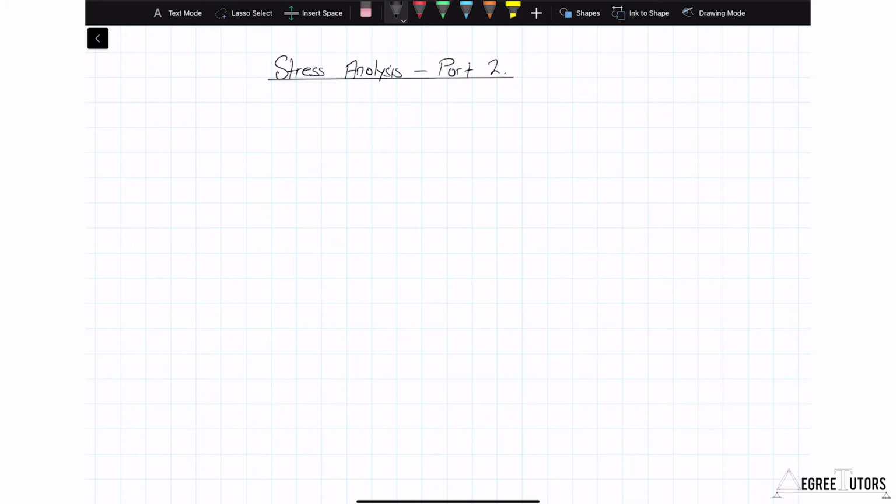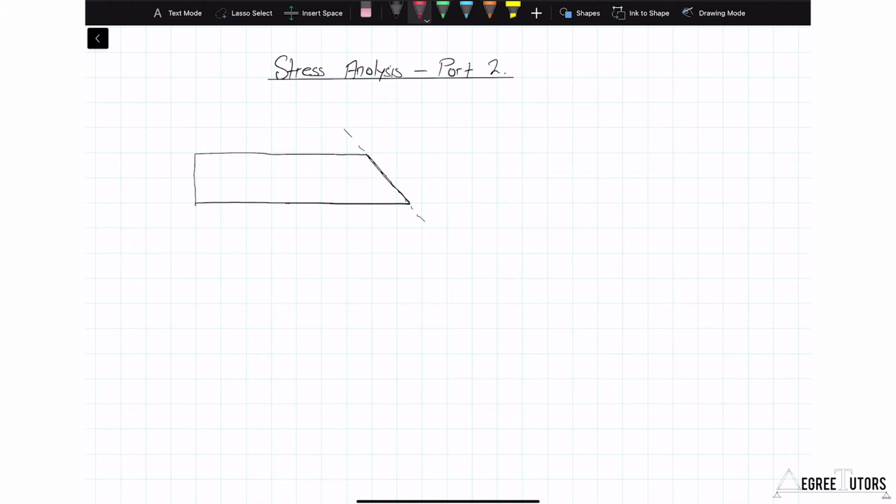If you want to tie this back to a practical case, how do we relate what I'm talking about now back to our beam? All we're saying is let's imagine that same beam. I won't draw the beam again, but let's imagine instead of taking a vertical cut, now we took a cut at some angle. So this is our cut surface.